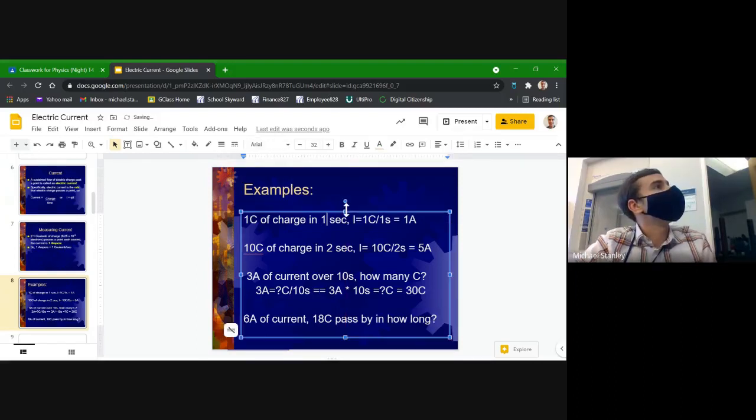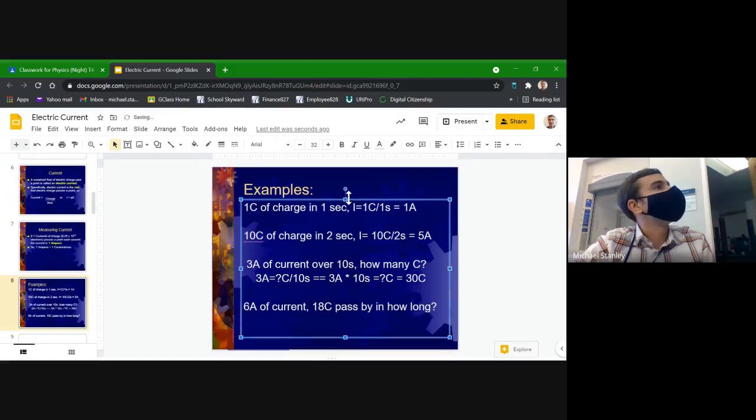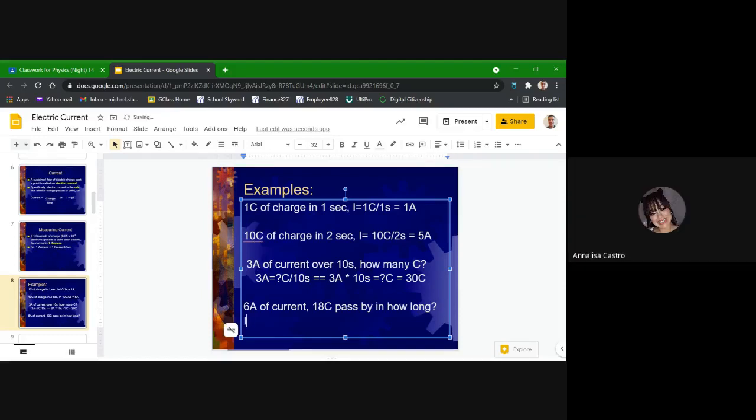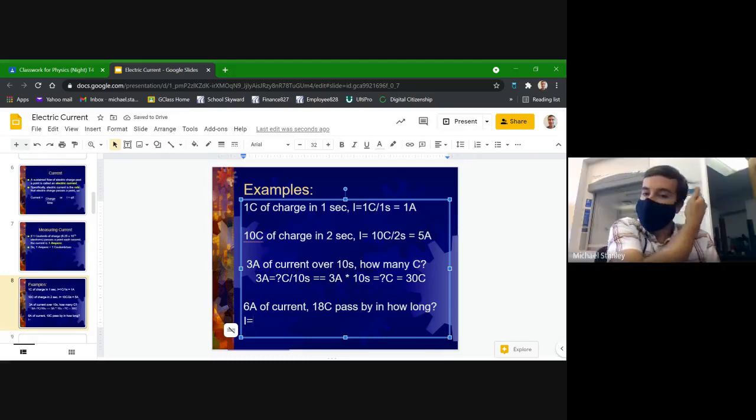Pull this stuff up a little bit, make it easier to see. 36 seconds. Not quite, but you're on the right track. So we know our basic equation is current equals charge over seconds.